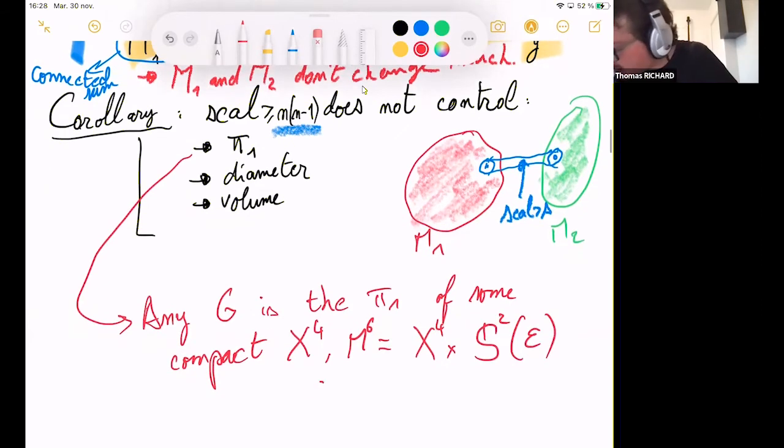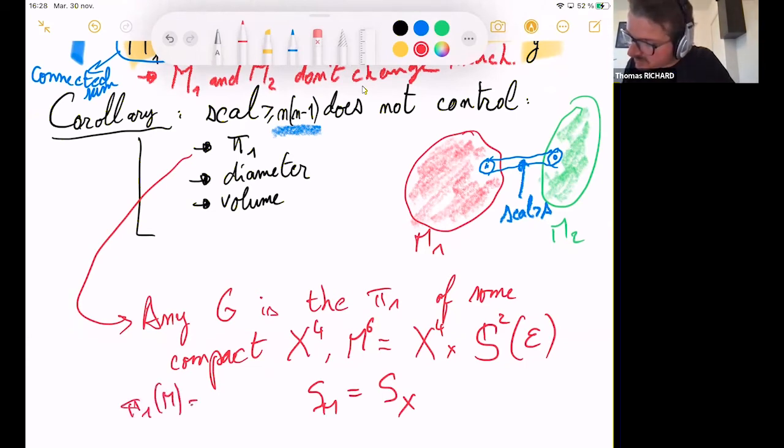Then the scalar curvature of M will be the scalar curvature of X plus the scalar curvature of the sphere. Since S2 is simply connected, pi1 of M is equal to pi1 of X, which is equal to G. The scalar curvature of a sphere of radius epsilon is 2 over epsilon squared.